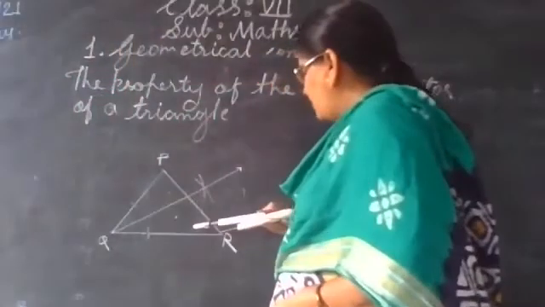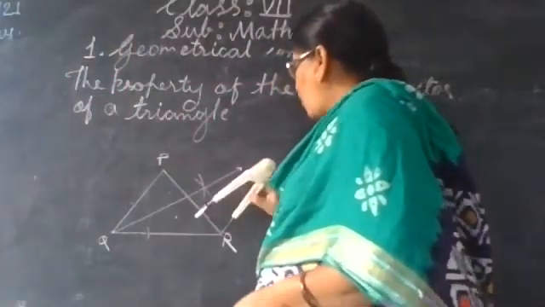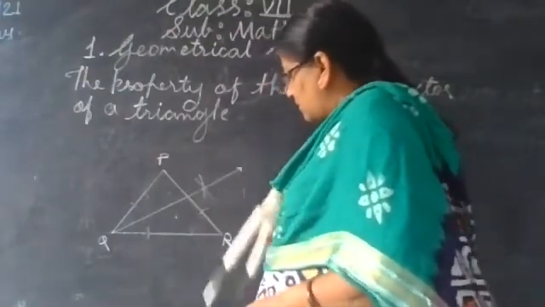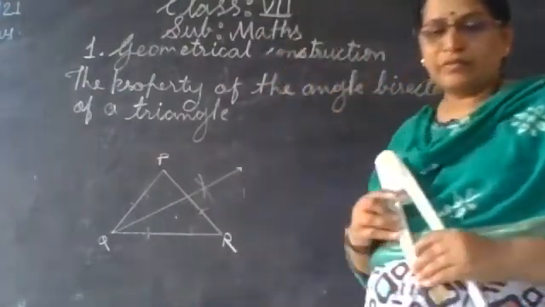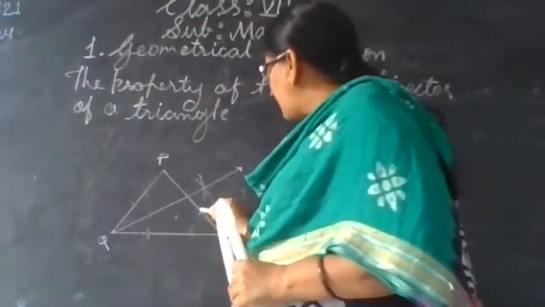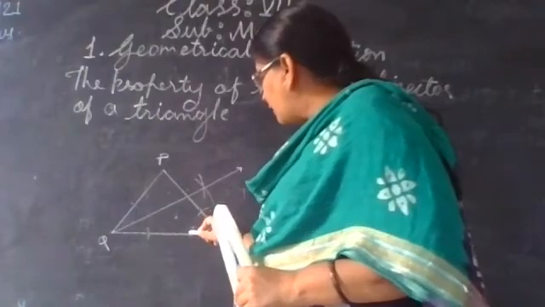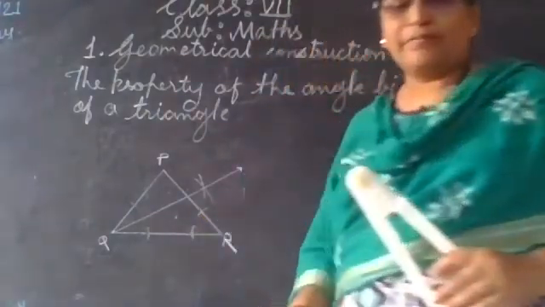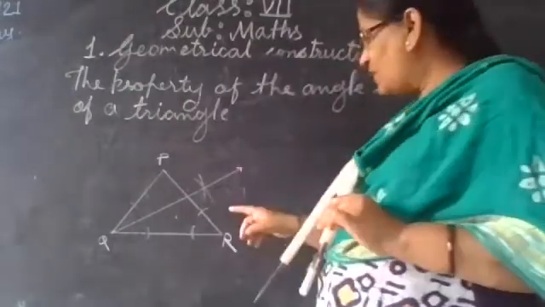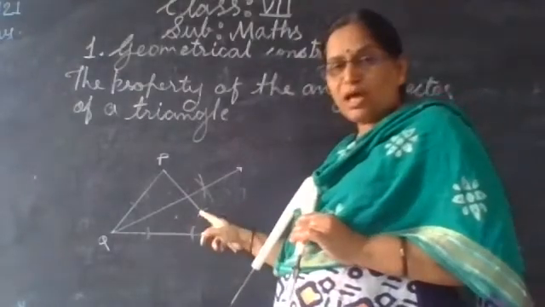Now we will bisect this angle R. Again we will mark 2 arcs like this, from vertex R. Then increase the distance and one by one place the pointer on these 2 arcs.